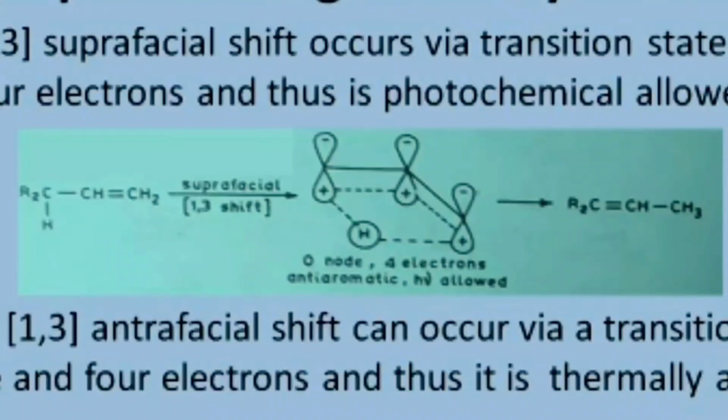As you know, 4 pi electron, 0 node, that means nothing but anti-aromatic, and anti-aromatic is photochemically allowed. So here 0 node, that means all bottom signs are positive, and that's why hydrogen shift occurs from positive end to positive end. That means there is a suprafacial shift and it is photochemically allowed.